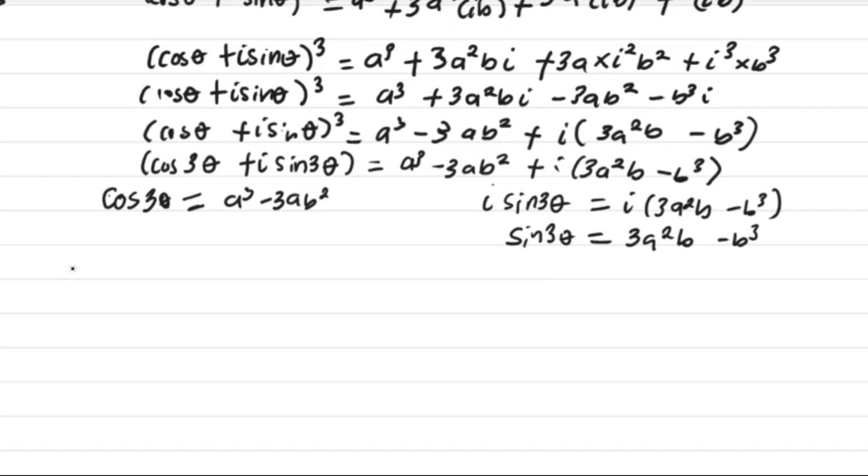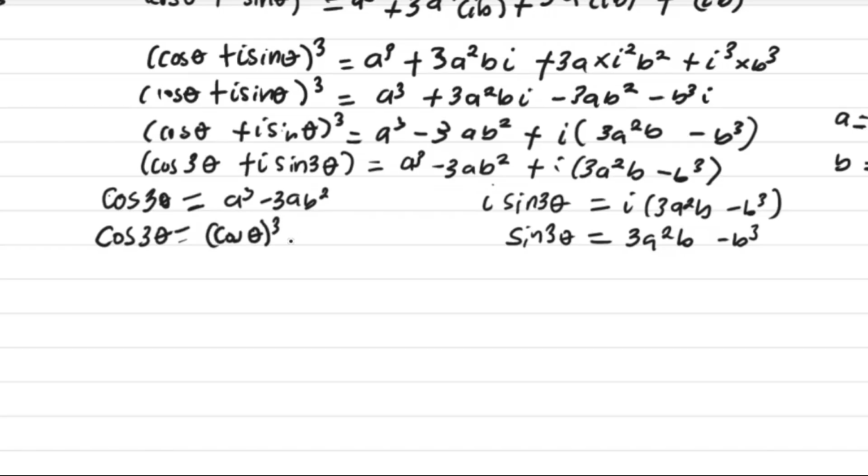So from here, since cos 3 theta is equal to a raised to power 3 minus 3ab square, don't forget, we took our a to be equal to cos theta, while our b is equal to sine theta.